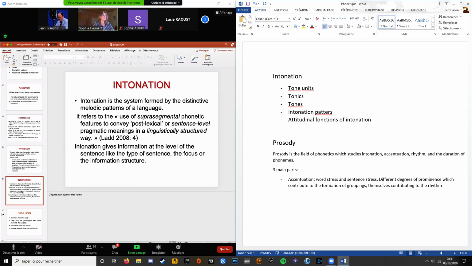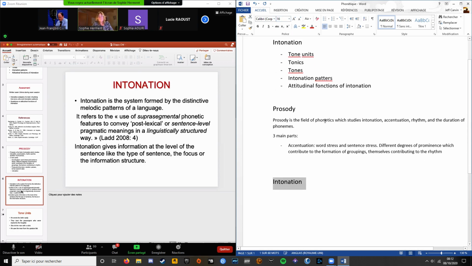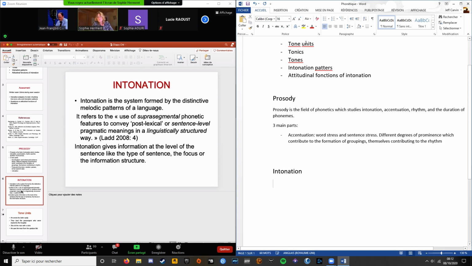When I talk about distinctive, I mean those that make sense. For instance, depending on what melody you use, then you don't say the same thing. For instance, you can make the difference between a question and an assertion, just simply with intonation. So this is what I call distinctive.